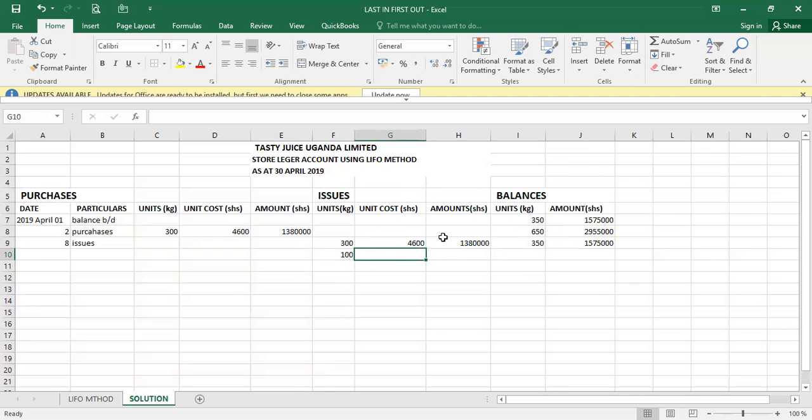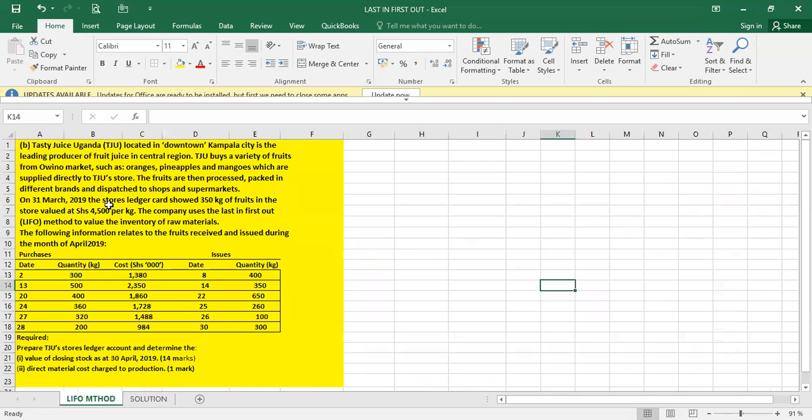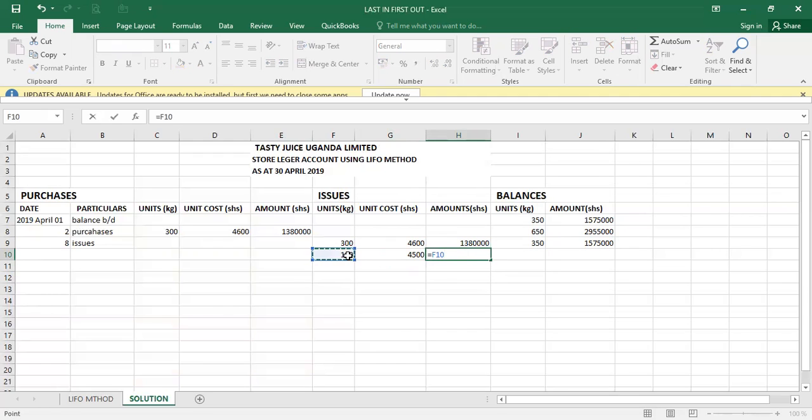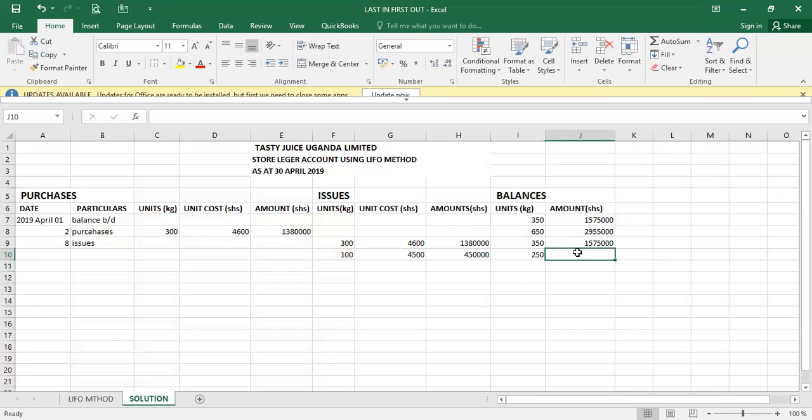Then we issue that at the other price they gave us for the opening stock, which is 4,500. We multiply that, get this, multiply by this, and get that. Then we reduce the balance in units, that minus this. Let's enter, and you can also adjust the total here, that minus this.